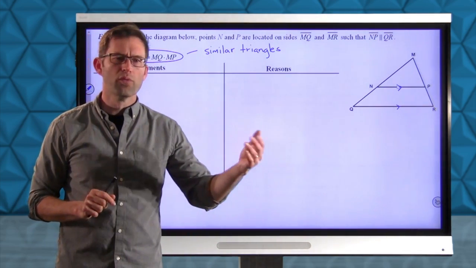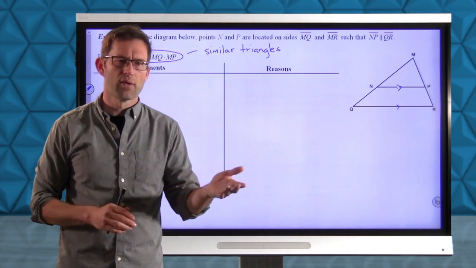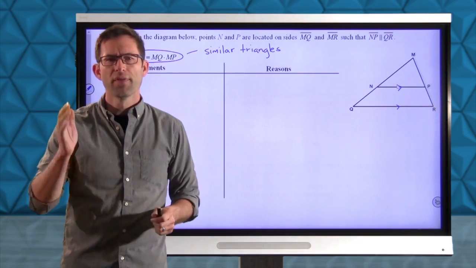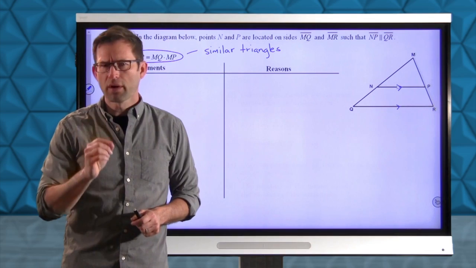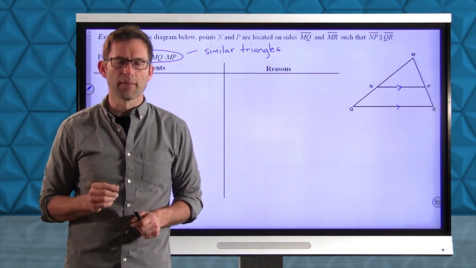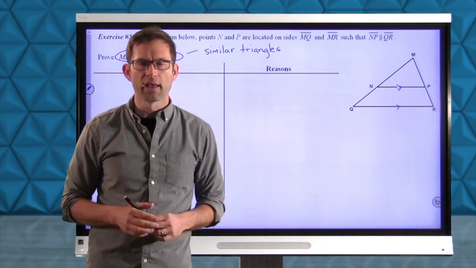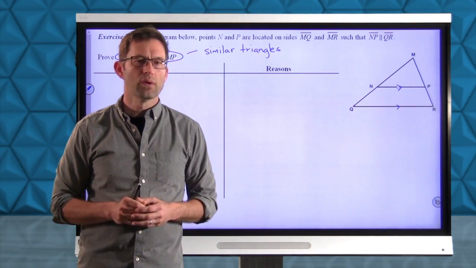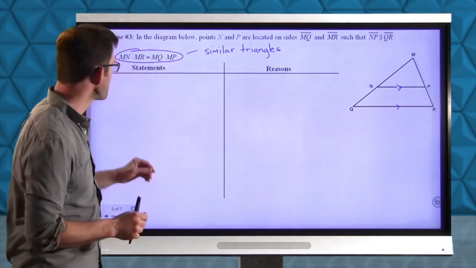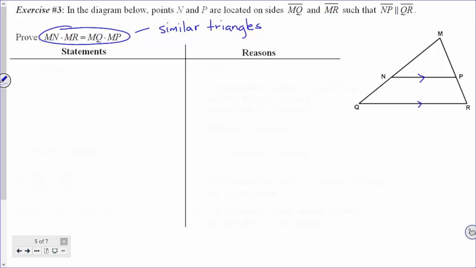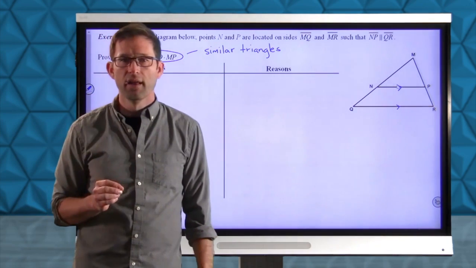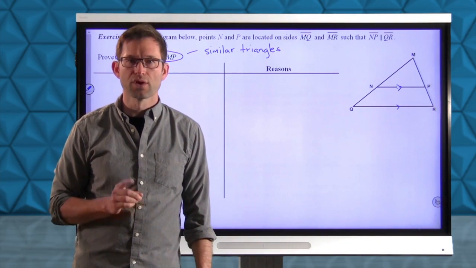When we were told to prove that this side was congruent to this side or this angle was congruent to that angle, that was a red flag that we probably are going to have to use CPCTC reasoning. This is an even bigger red flag. I pretty much guarantee you, in a geometry proof, if you're asked to prove that one product is equal to another product, what you've got to do then is to prove that two triangles are similar.